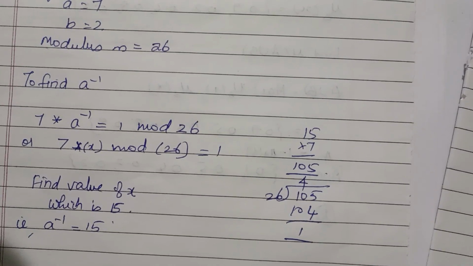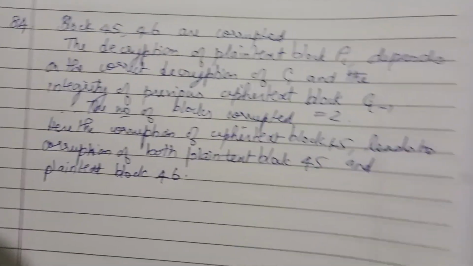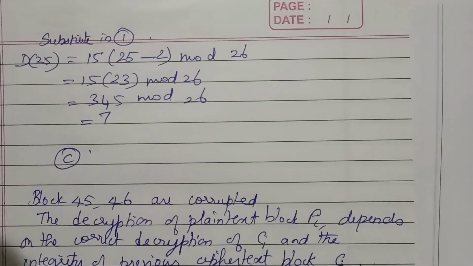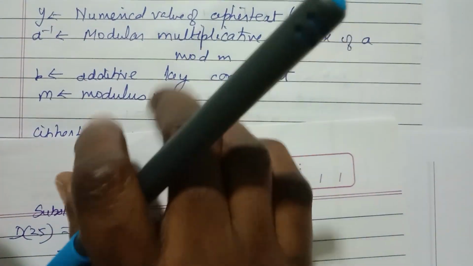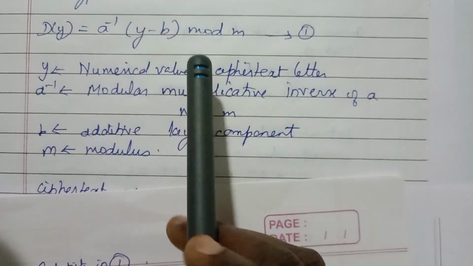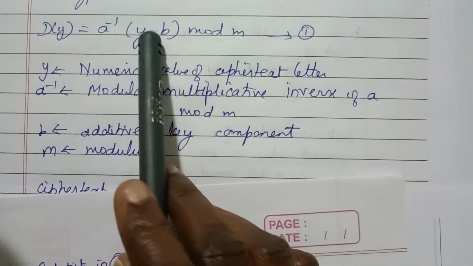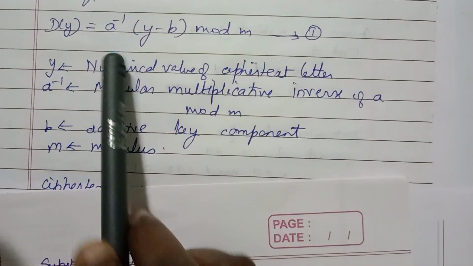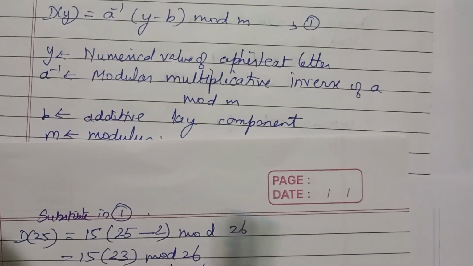Next you have to substitute the value in the decryption formula. The decryption formula is a inverse into y minus b mod m.